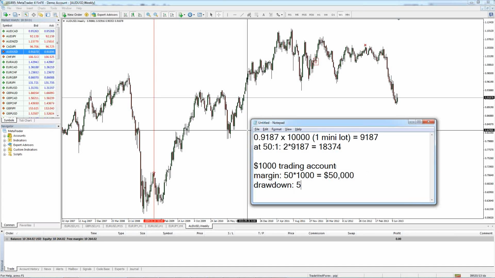It's going to be 50 times 500. We got that from 500 pips at $1 per pip times our leverage. So that's going to be 25,000 in drawdown margin that you need.